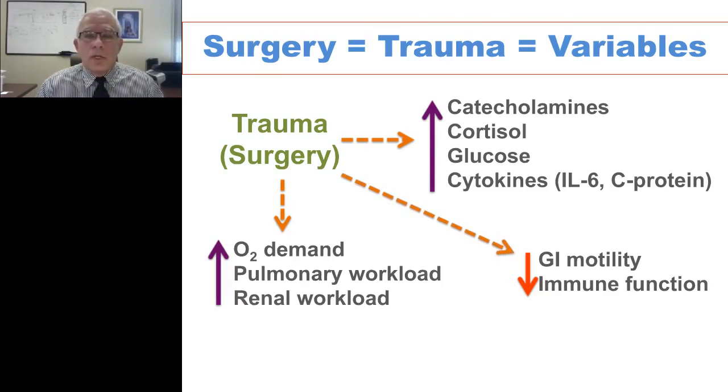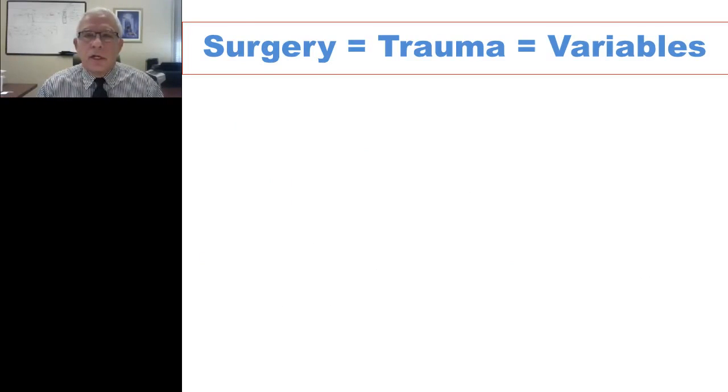And trauma will lead to increases in oxygen demand, pulmonary workload, and renal workload. So to the degree that trauma, and in particular surgery, occurs, it's to the degree that some of these parameters are affected. Therefore, the importance of minimizing trauma, so we can minimize these variables.